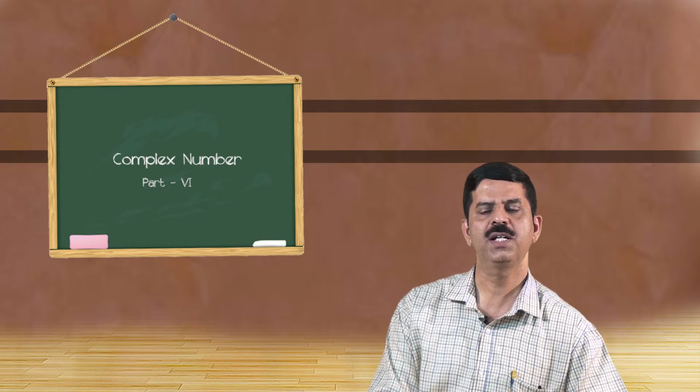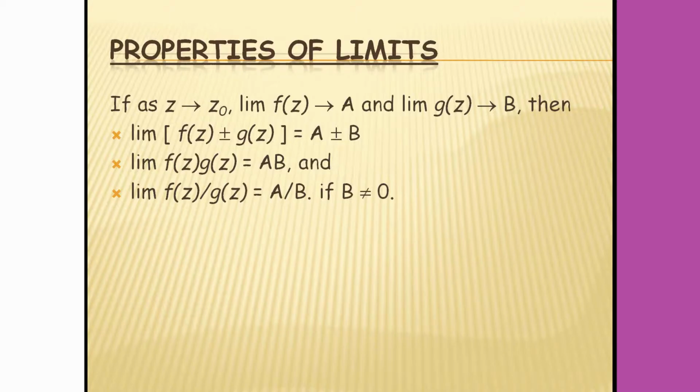Then, as you have studied the limit concept in the set of real numbers, we also have properties for complex numbers. Suppose I am considering two functions f of z and g of z. Suppose the limit of f of z as z tends to a is a finite number, say I have taken it as a, and the limit of g of z as z tends to a, I have taken it as b.